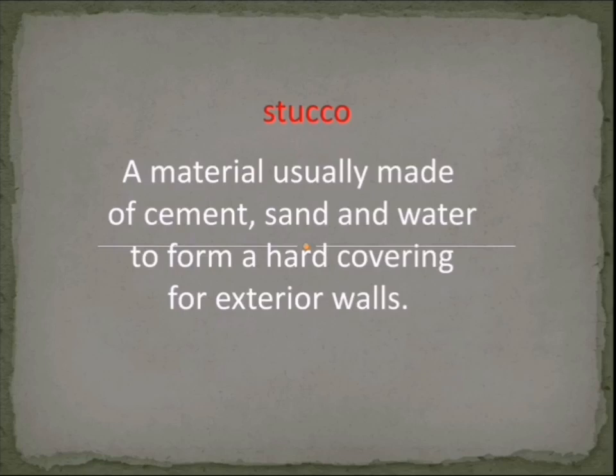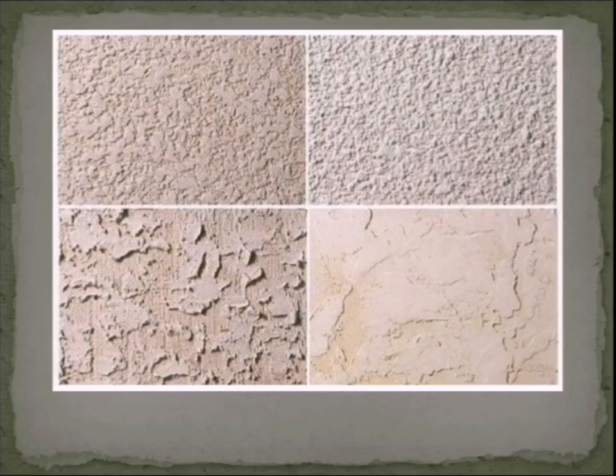These are the materials that we use to build a temple, a house, a building, a bridge. The cement, sand, and water, we use when we construct buildings, schools, hospitals, etc. This is an example of a stucco.